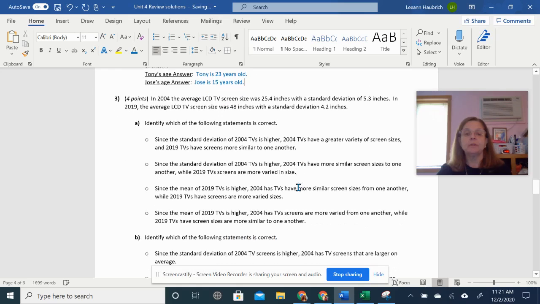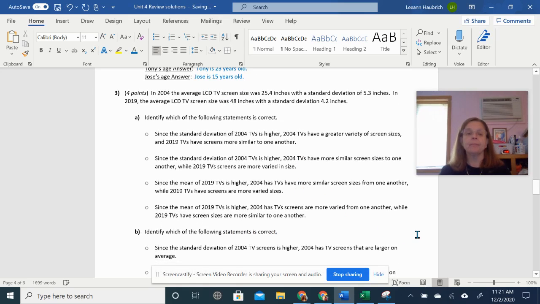Okay, we're getting further down on here. This looks like a multiple part question. In 2004, the average LCD TV screen size was 25.4 inches. I did look up statistics on this to get these values for you.